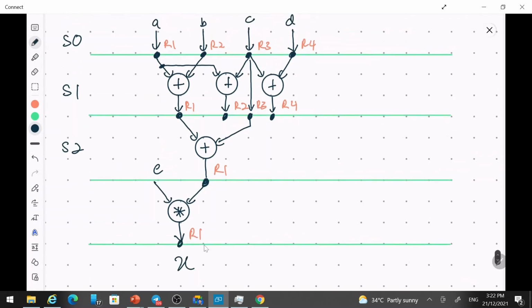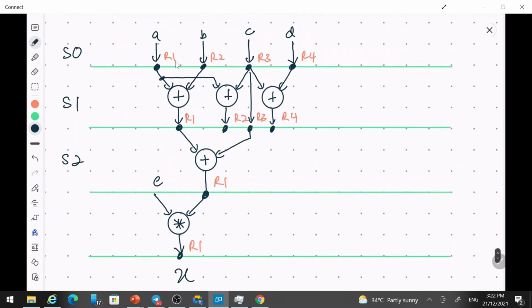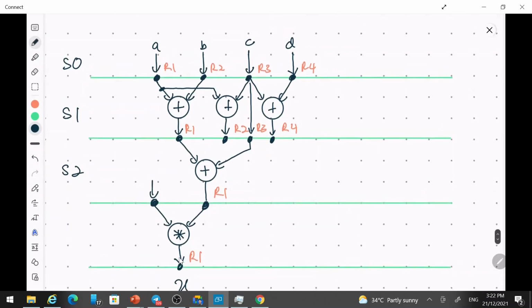Okay, and let's check. We have A plus B plus C, and multiply with E, we have X, right? And E, of course, we need a register to store this E. So now R3 is available because we don't need to use R3 anymore after this.